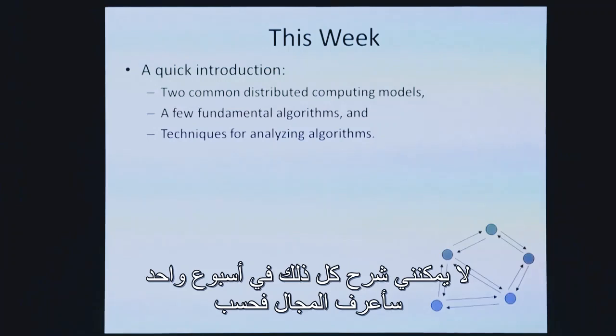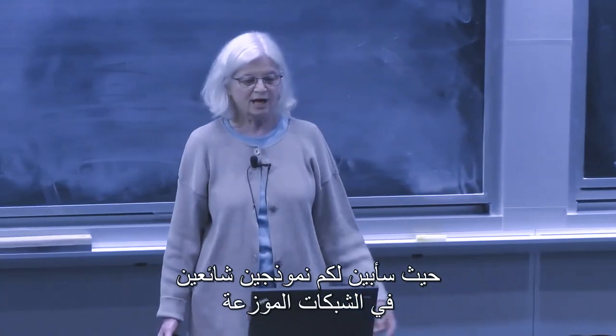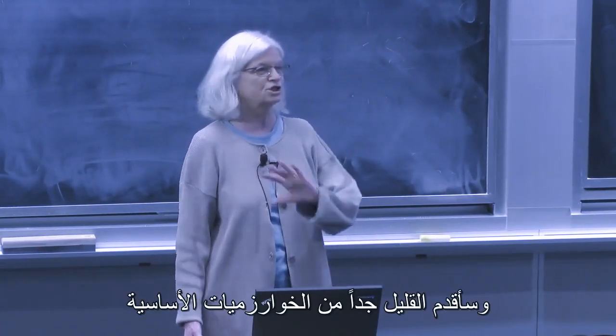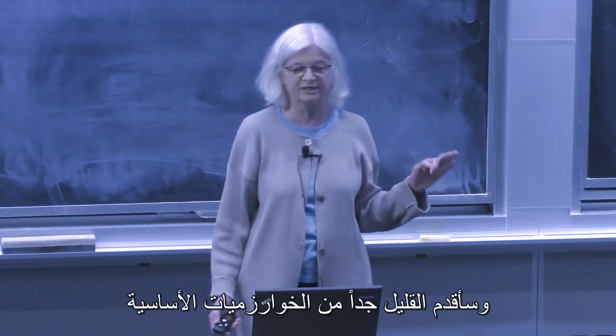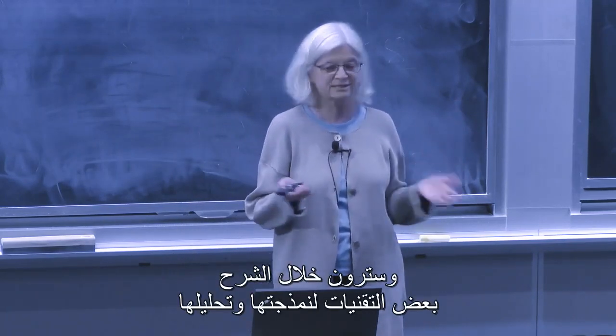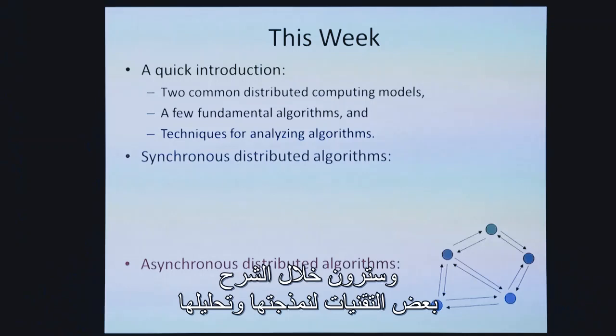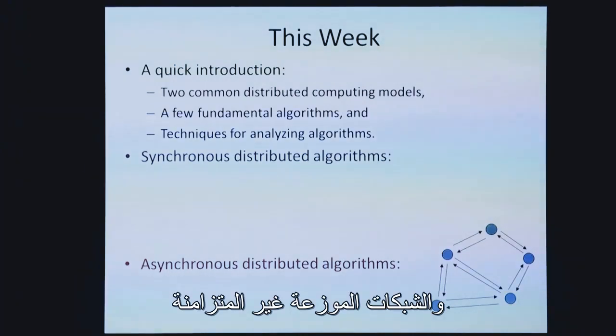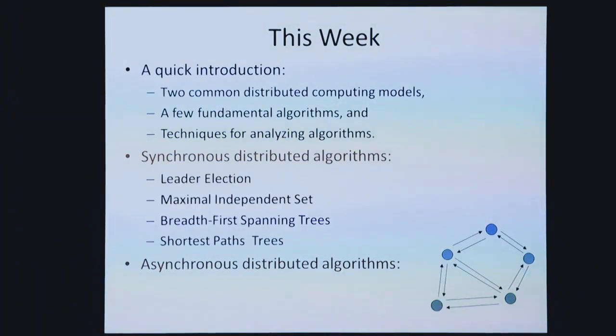Okay, so I can't do that much in one week. What I'll do is just introduce the area by showing you two common models for distributed networks, and just introduce a very few fundamental algorithms, and you'll see along the way some techniques for modeling and analyzing them. The two models here are synchronous distributed networks and asynchronous distributed networks.